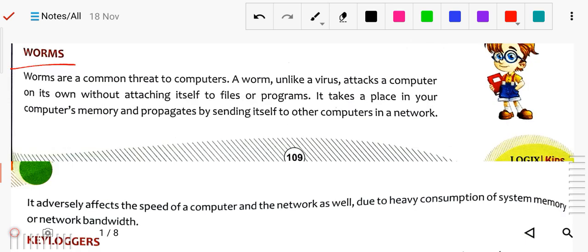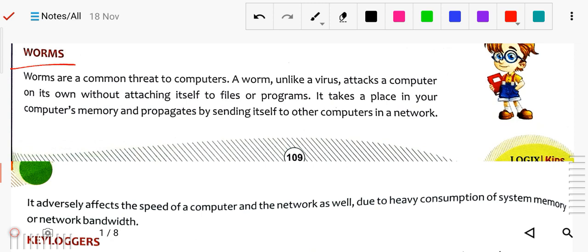Worms are a common threat to computers. A worm, unlike a virus, attacks a computer on its own without attaching itself to a file or program. It takes place in your computer memory and propagates by sending itself to other computers in the network.